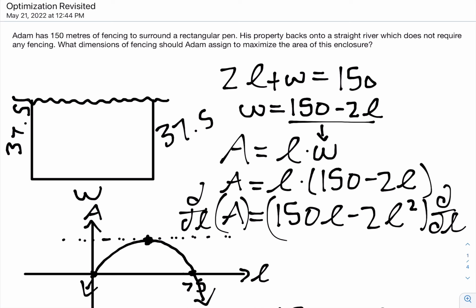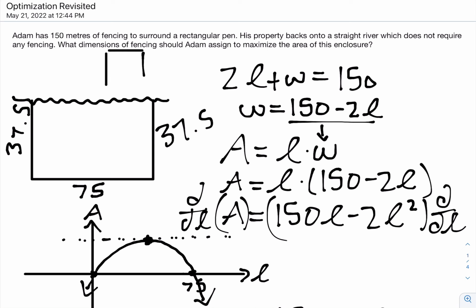and he has 150 meters of fencing, that would mean that this has to be 75, sorry. So notice that when we add these two together, that would be 75, and this is also 75. So since we're not worried about this part right here, the answer is always going to be equal to a square.